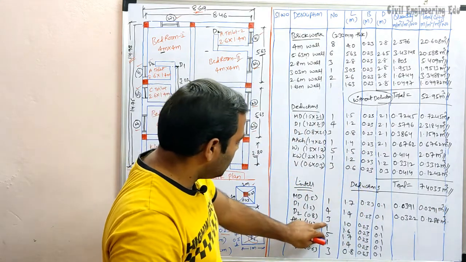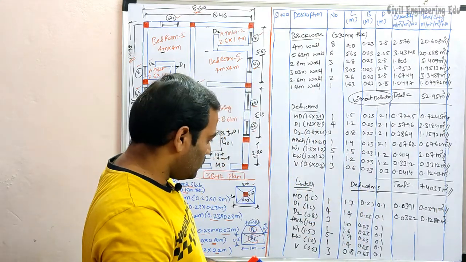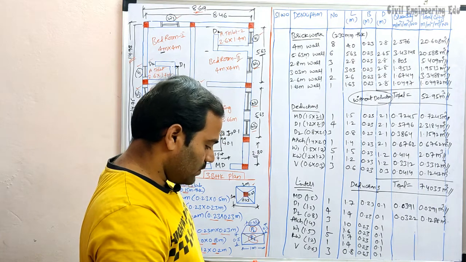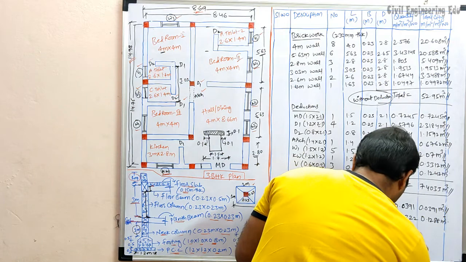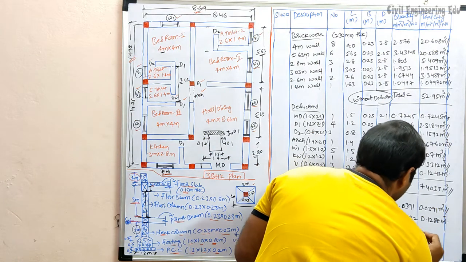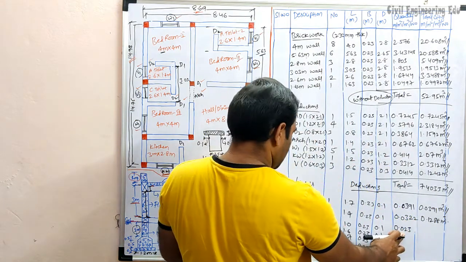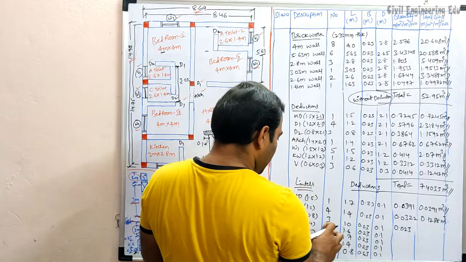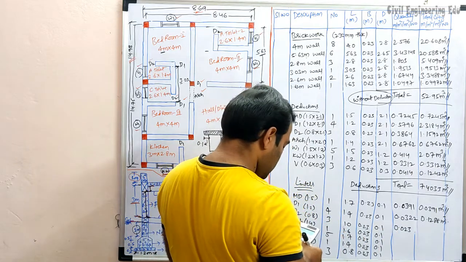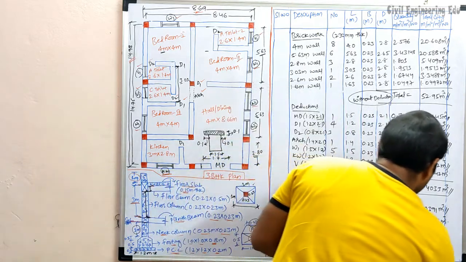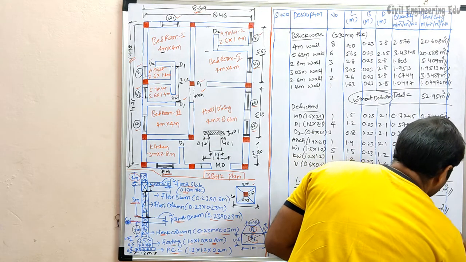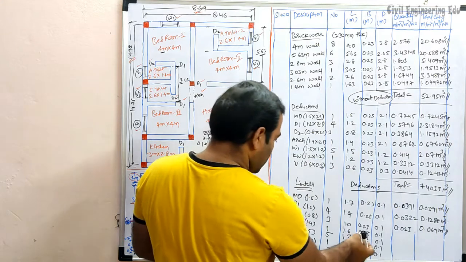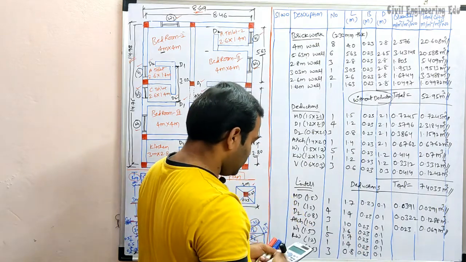Next one is D2. So 1 into 0.23 into 0.1, 0.023 meter cube. Now this will be multiplied with 3 numbers, 0.069 meter cube.